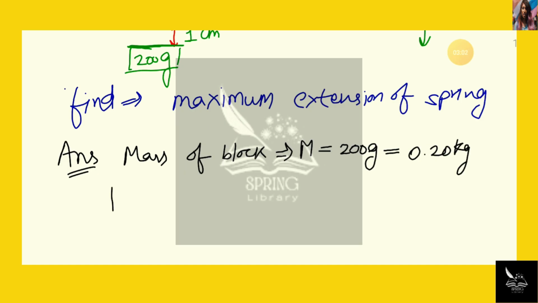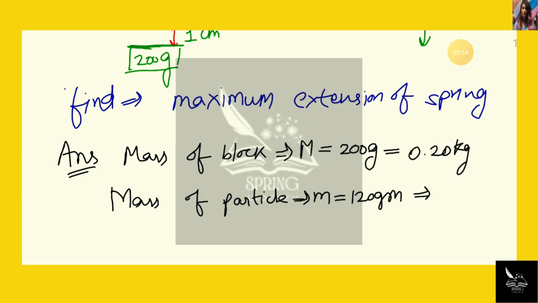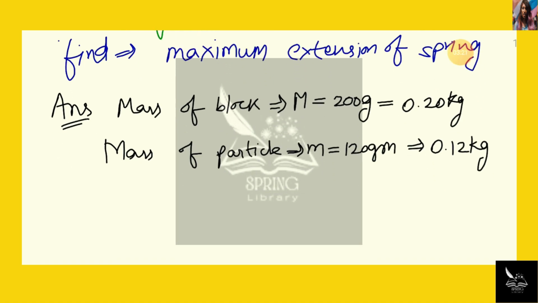The mass of the particle is given: small m is equal to 120 gram, or in kg it is 0.12 kg. The height of the particle from the block is given: h is equal to 45 centimeter, or 0.45 meter.